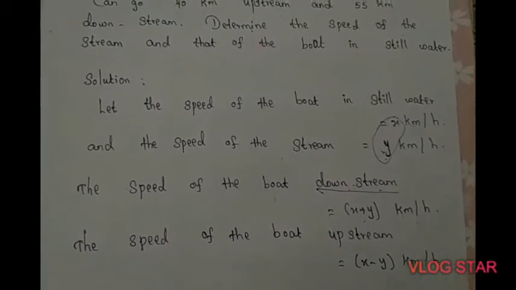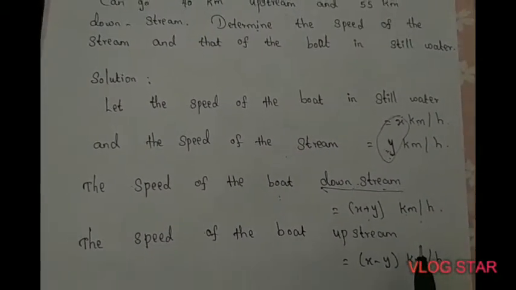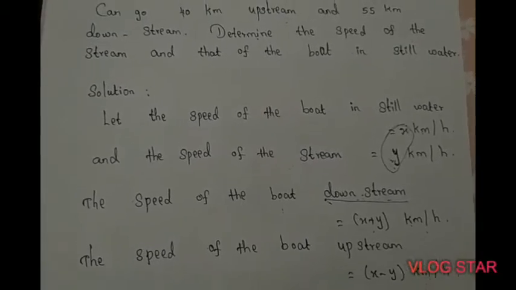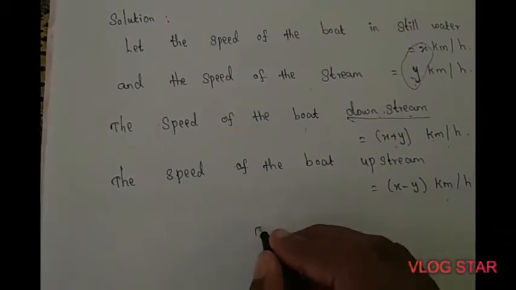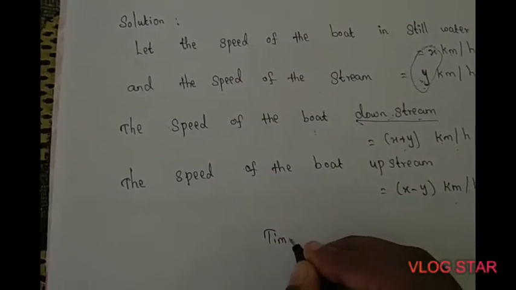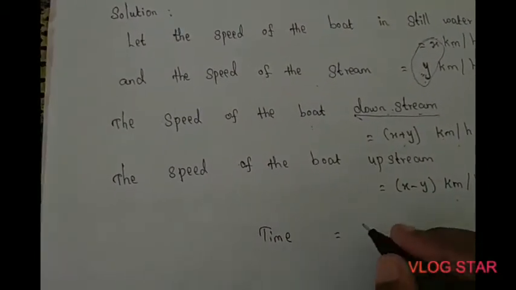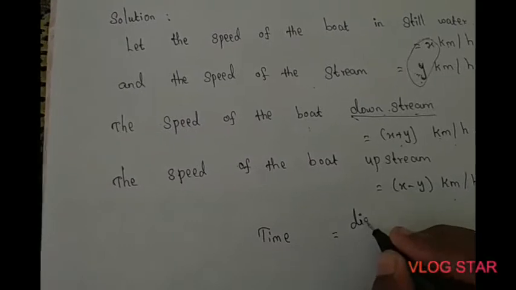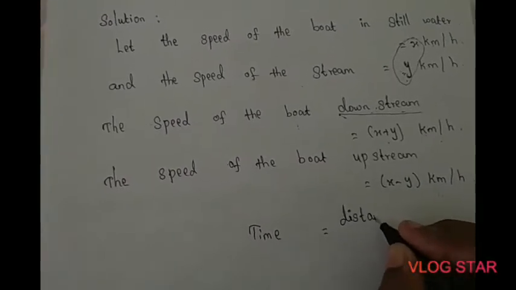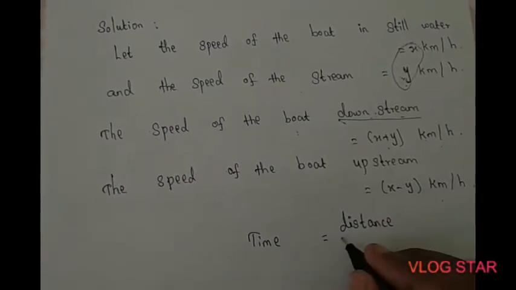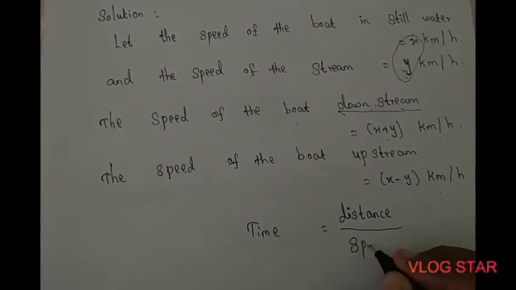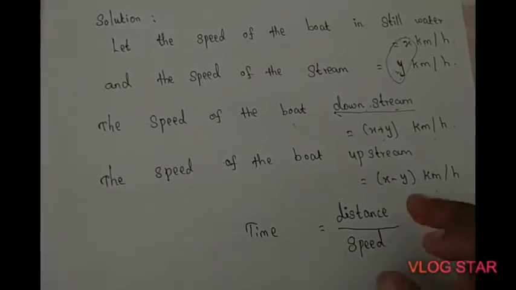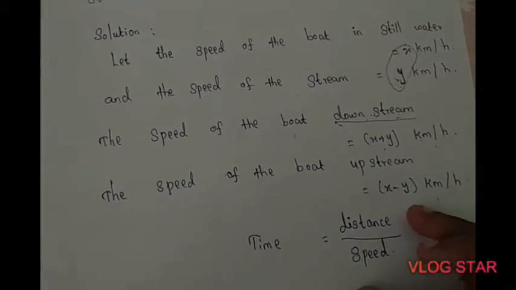Okay. Then next we will find the time. Do you know the time formula? We have to find the time only, so we write time equals distance by speed, which you have already learned in physics class. We are using this in the question.